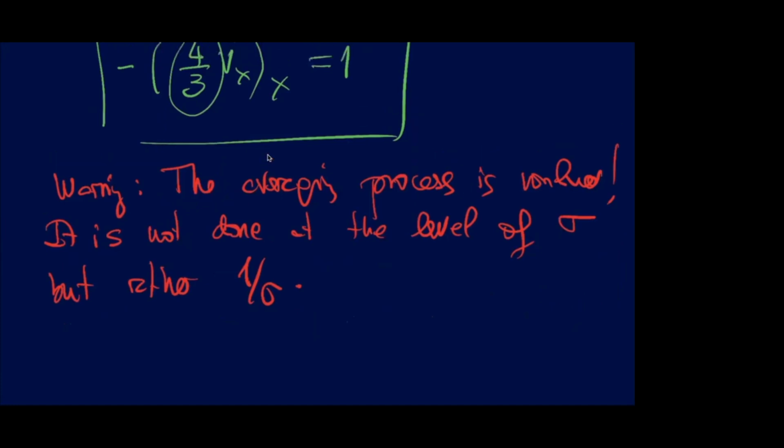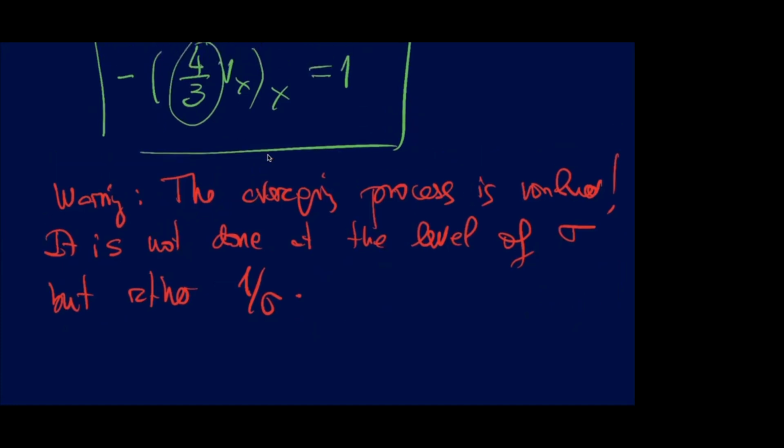Well, I don't get 3/2, I get 4/3. Why? Because the behavior of the mechanical system is not seen at the level of the PDE, but rather at the level of the resolvent operator, the Green function that gives me the solution of the PDE, okay?